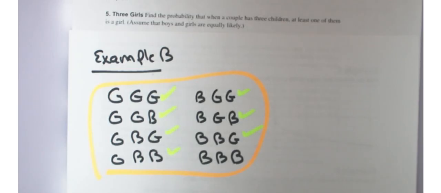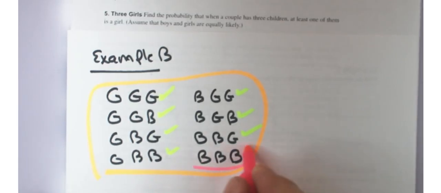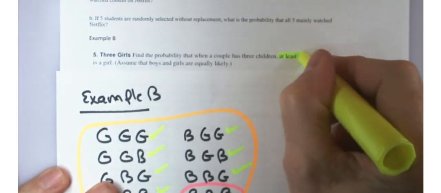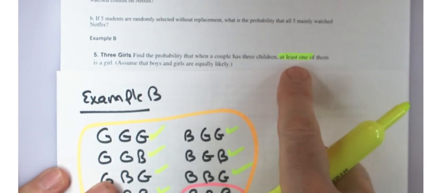All boys. So let's go back and think about the complementation rule. And again, the key thing for you to think about the complementation rule is this little phrase, at least one, or at most. That's a little bit of a hint for you in terms of what's coming your way.